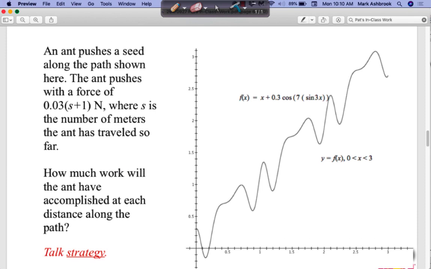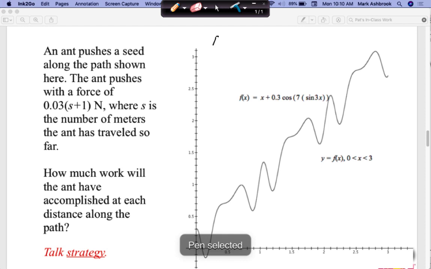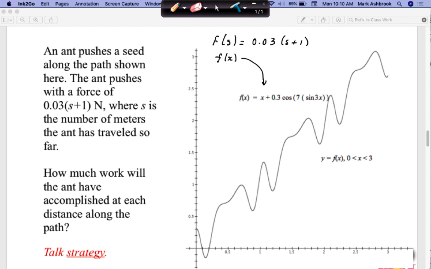So how are we going to handle this? Now we have F as a function of s. We have the same path of the ant, but now force is a function of s. There's a little bit of a challenge to this.